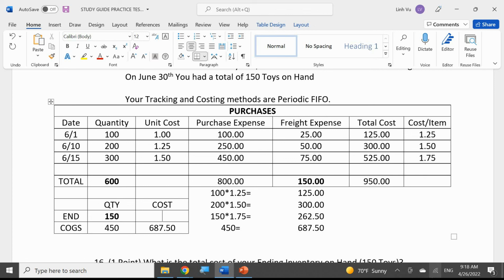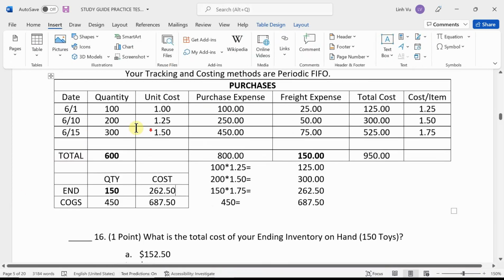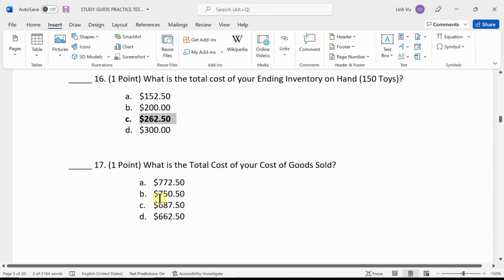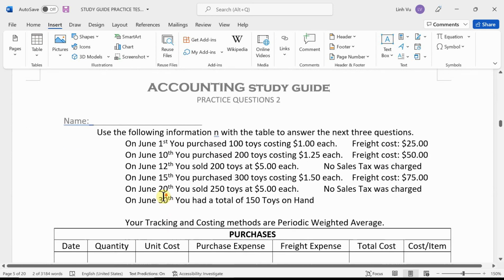You can either subtract it out of the 950, or you can simply just take, well, you have 150 left at $1.75. 262.50. Good. All right. So once again, 262.50 is your ending balance, and the cost of goods sold here is the 687.50. Good.